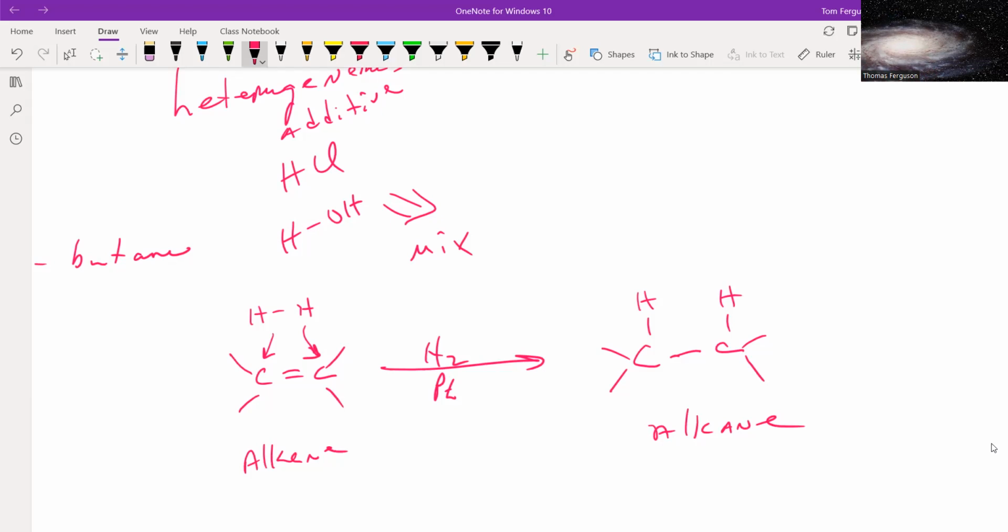Who's heard of Crisco? This is how they used to make Crisco. They used to take corn oil, which has double bonds in it, and hydrogenate it. When they hydrogenated it, it changed the intermolecular forces.